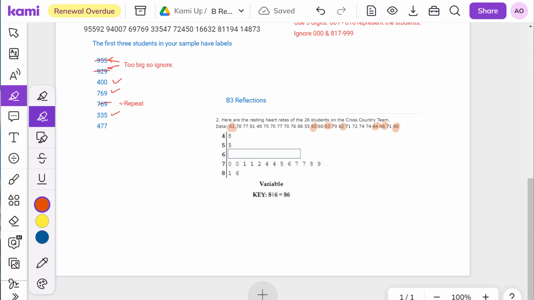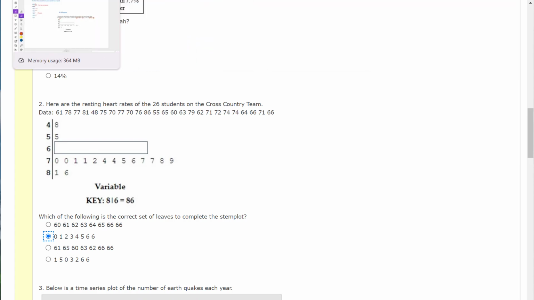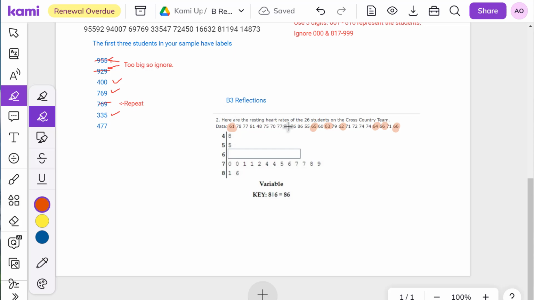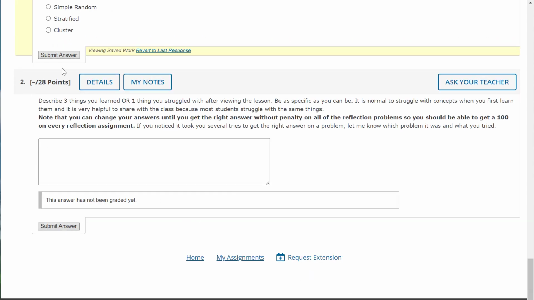So let's go look. There it is, right there. Oh wait, was there a 60? No, that should be it. There must have been a 60 in there. Let me go look. Was there a 60? There's the 60. I missed the 60. There we go. And go back to the problem, hit submit.